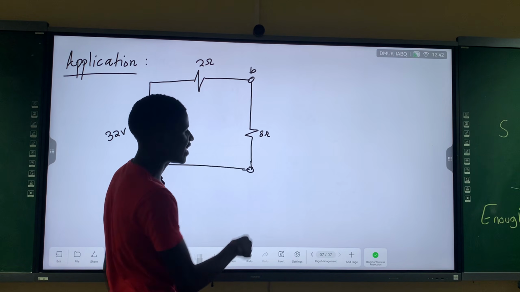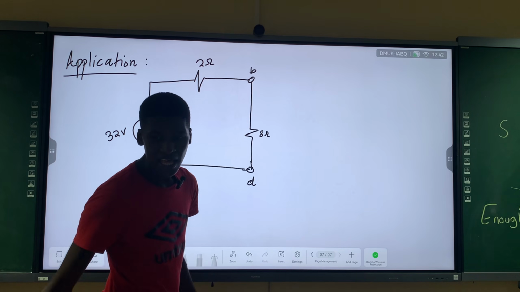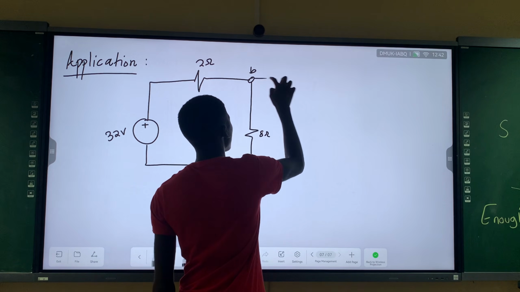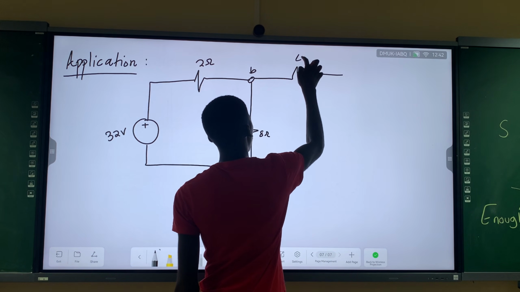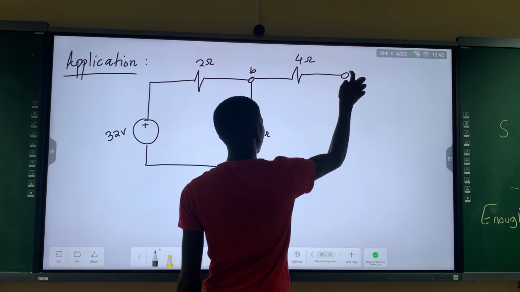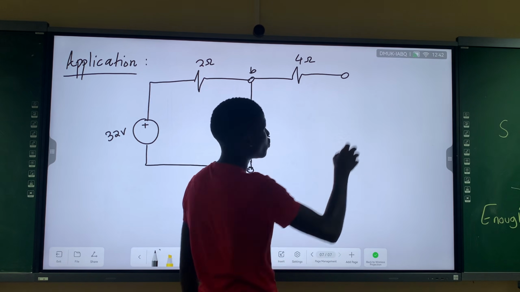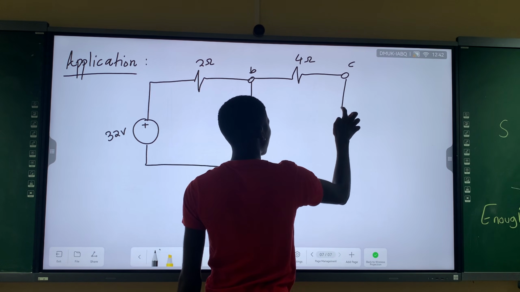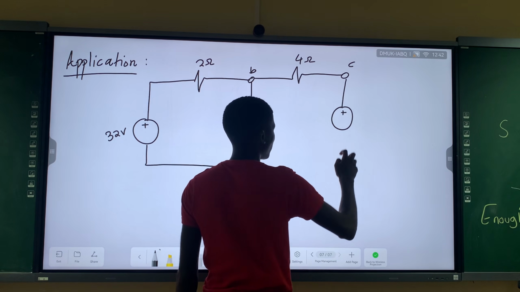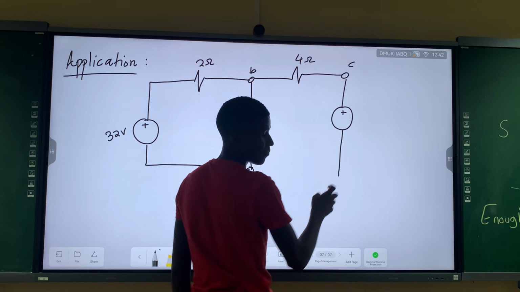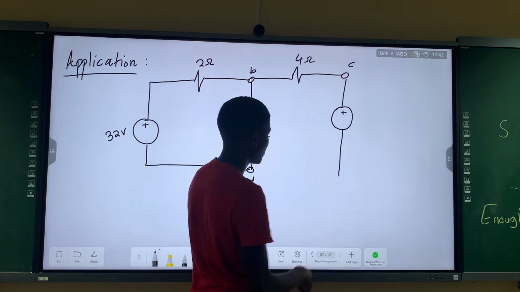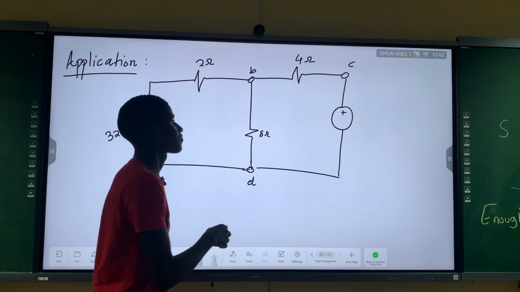Another node here, this is node D, and then we have our 4 ohms resistor. We have another node, which will be node C. Then we have another voltage source, and it connects back to D.